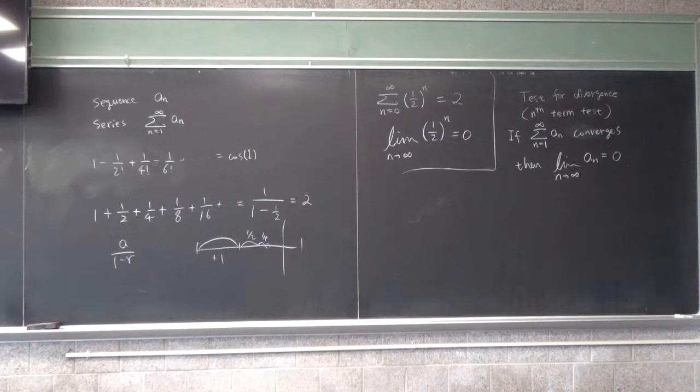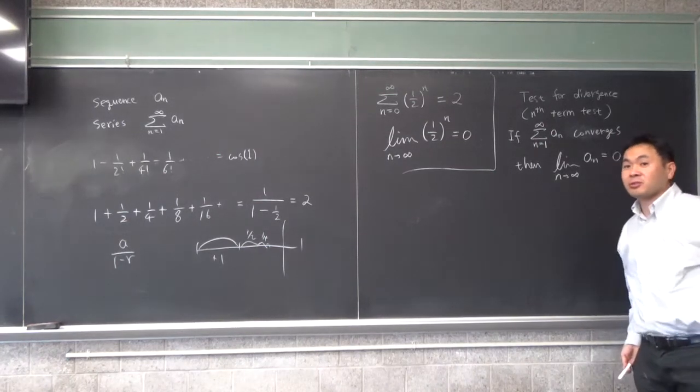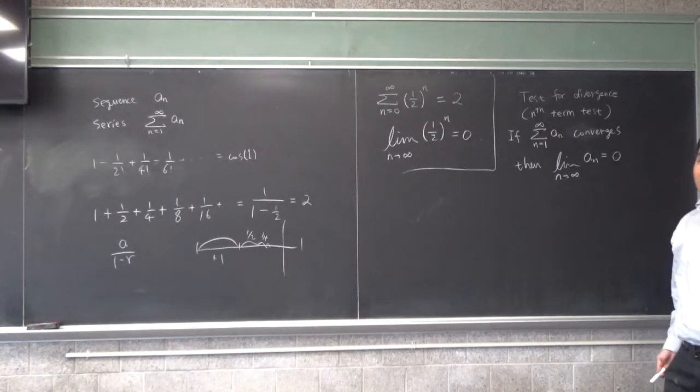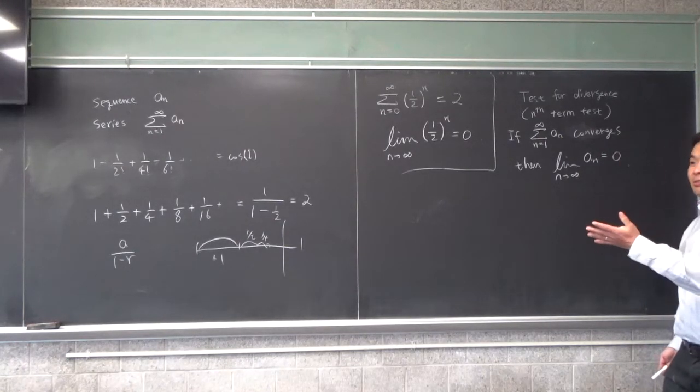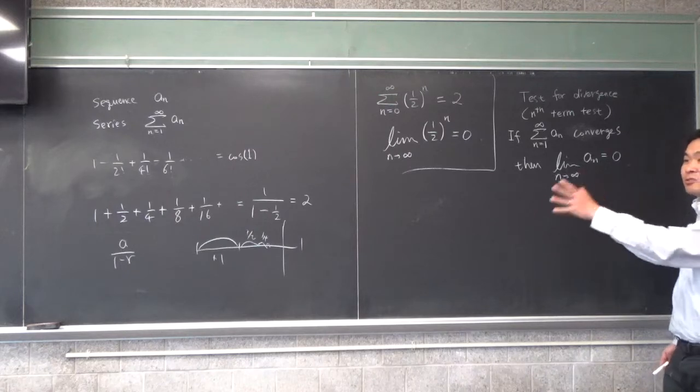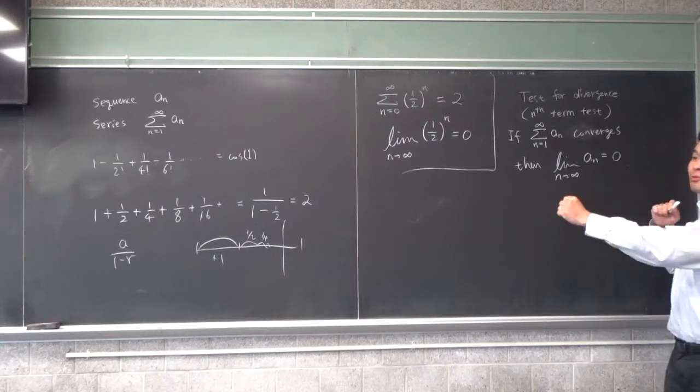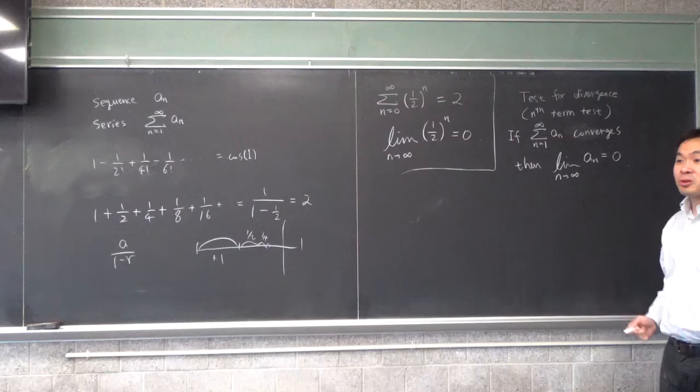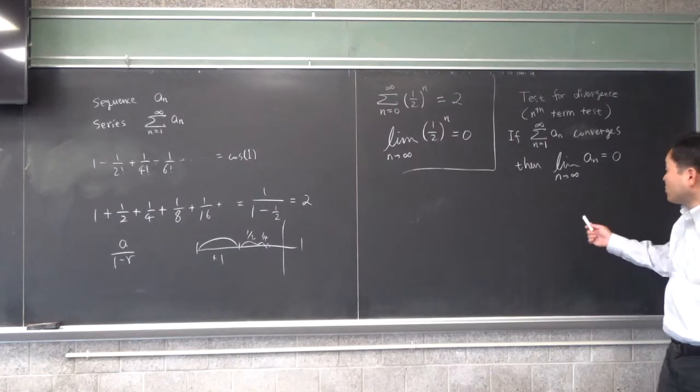And then I talked about the fact that the converse of this doesn't hold. What's a converse? A proposition has an assumption and a conclusion. If you switch those two, that's called a converse. So what's the converse of this statement?